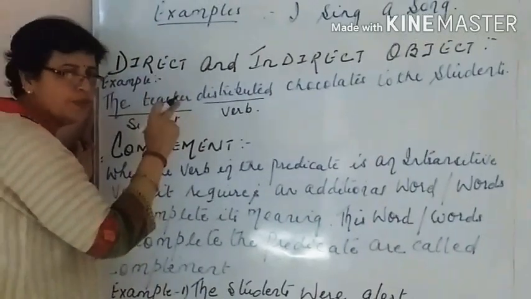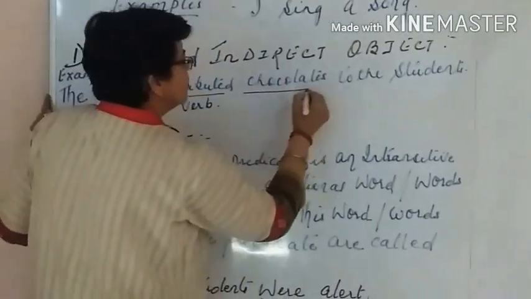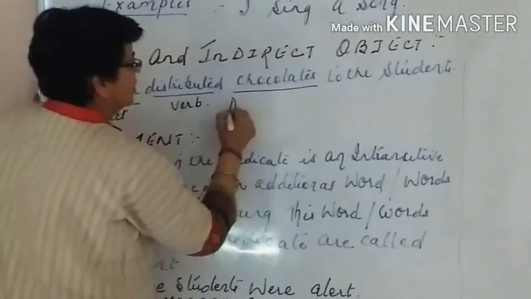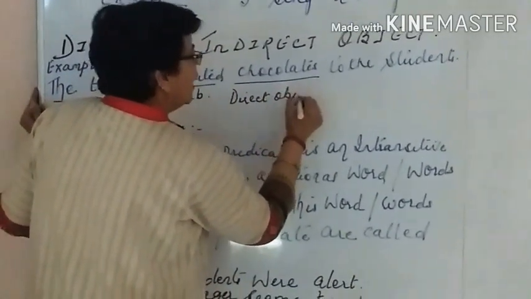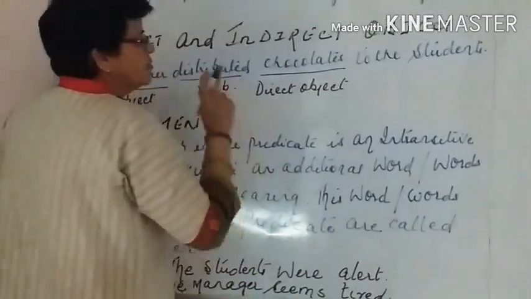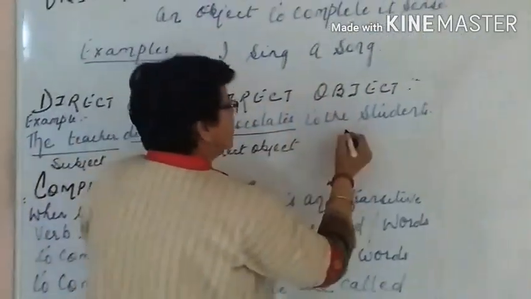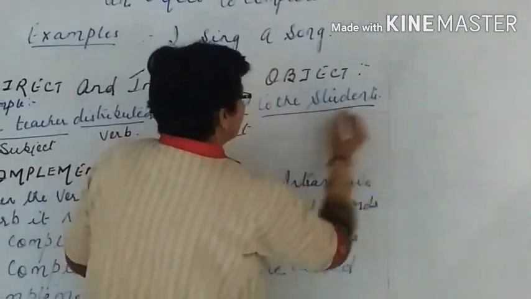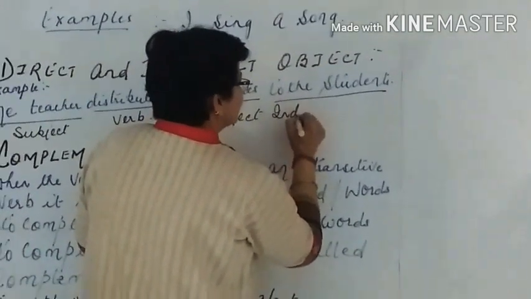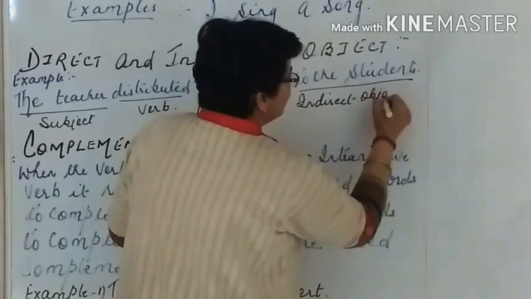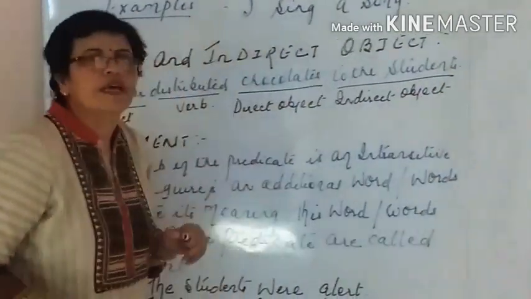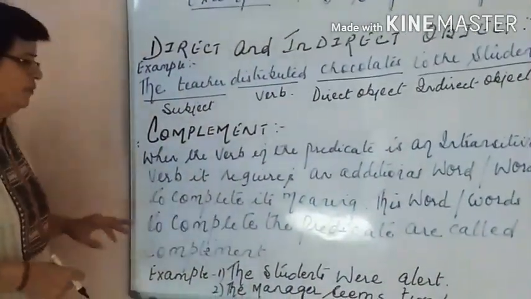What did the teacher distribute? She distributed chocolates. This is a direct object. And to whom did she distribute? She distributed chocolates to the students. So this is an indirect object. So now I hope it is clear to you that a sentence can carry two objects also.